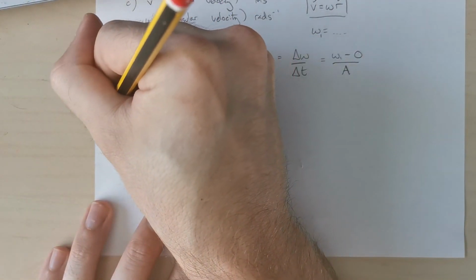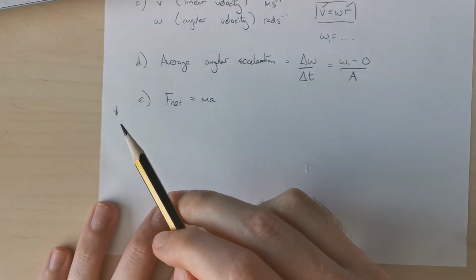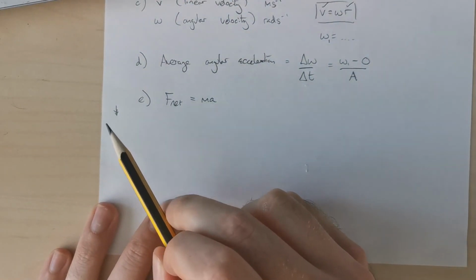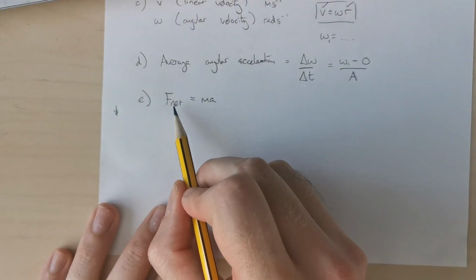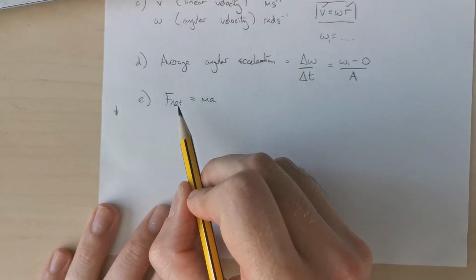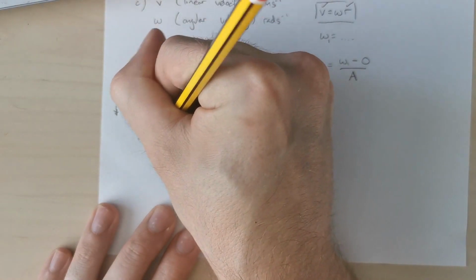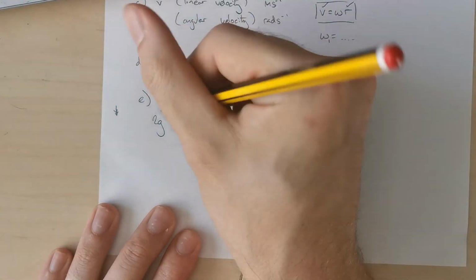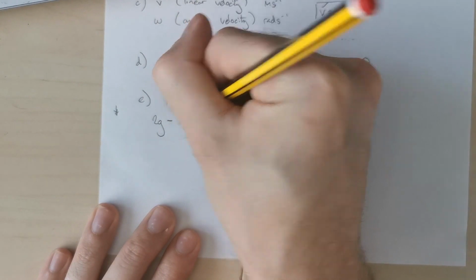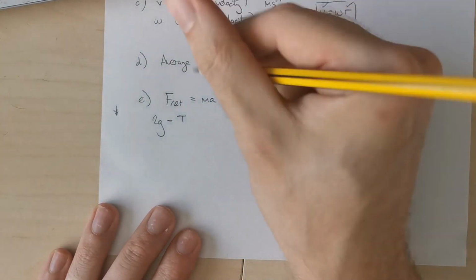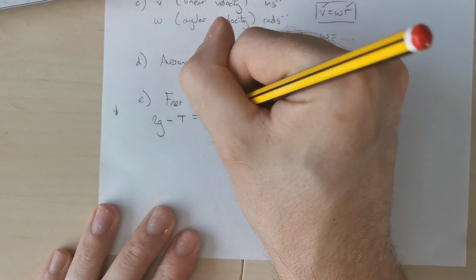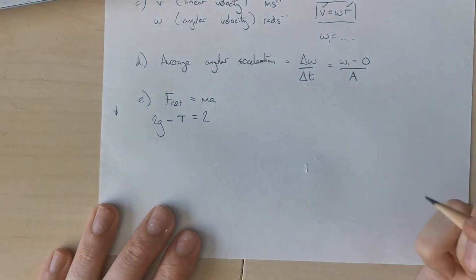Now, our load was accelerating downwards, so downwards would be our positive direction for our forces, upwards would be our negative direction. So our resultant force, our net force, will be the 2g acting downwards for weight, subtract the tension acting upwards. The mass of our load is 2 kilograms.